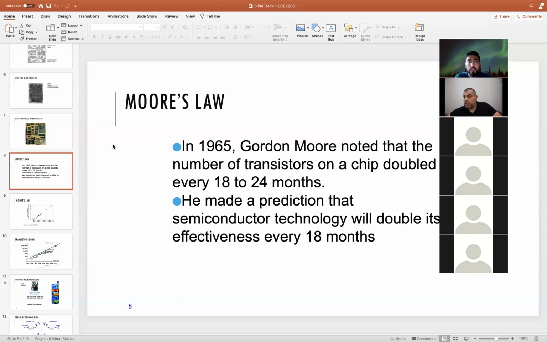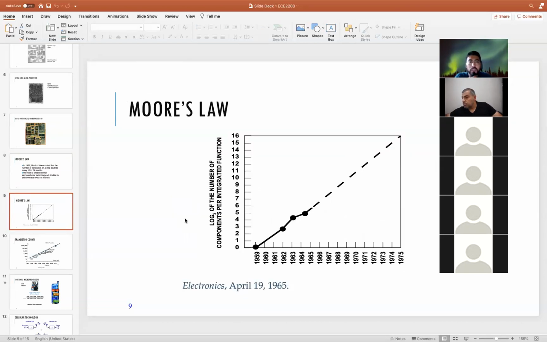So here's an example of Moore's Law, and this is pretty old, but the line continues, and you can see this is a straight line on a log axis.